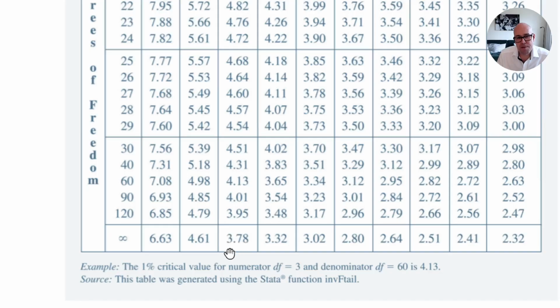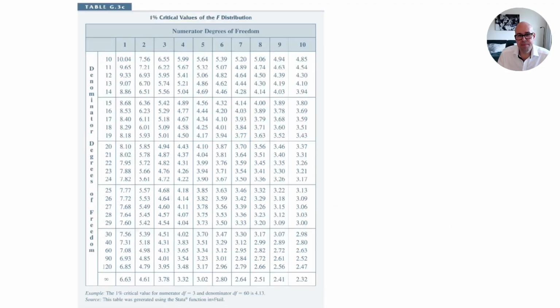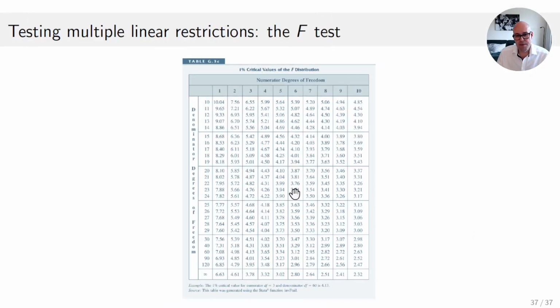Here we are, 3.78, because we actually have to go all the way down. As you can see here, this starts above 120 degrees of freedom for the denominator.